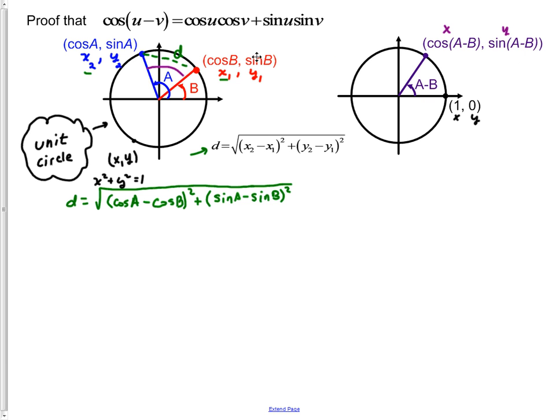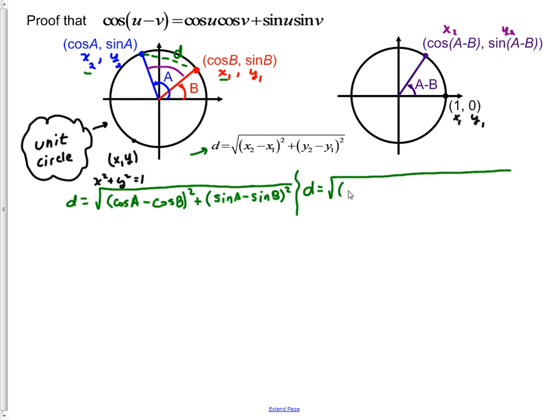So let's go with the same sort of arrangement right here. Let's call this point x2 and y2, and let's call this original point x1 and y1. So we can again use our distance formula to find the distance between those two. What is our distance formula? Well, in this case, we're going to take the difference in the x value.